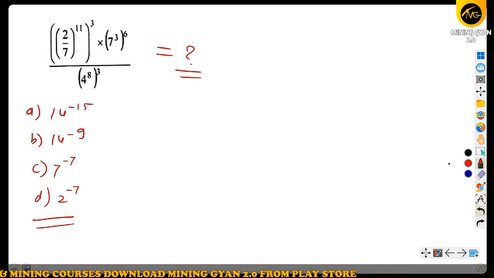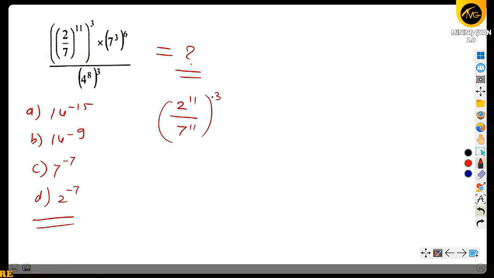Okay, let's see. 2 power 11 divided by 7 power 11, and whole power 3, right?